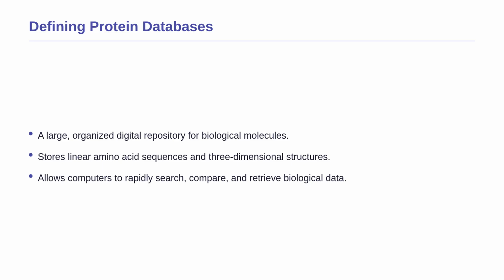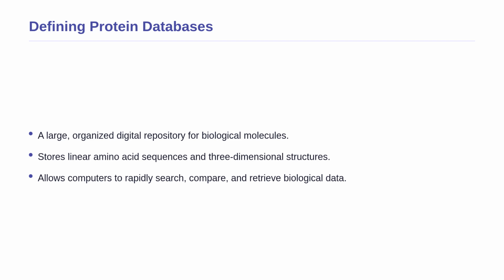Now that we understand the purpose of these tools, let us define what they actually are. Formally, a protein database is a large, organized digital repository. It stores critical information about proteins, including their linear amino acid sequences, their complex three-dimensional structures, and their biological functions.